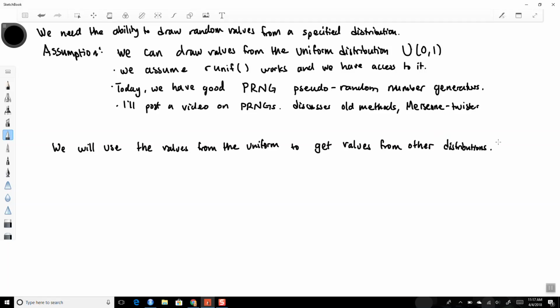And the method that we'll cover today is going to be called the inverse CDF method. So this is our topic for today.